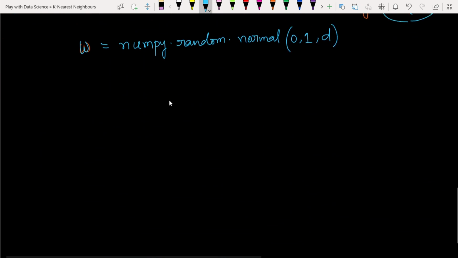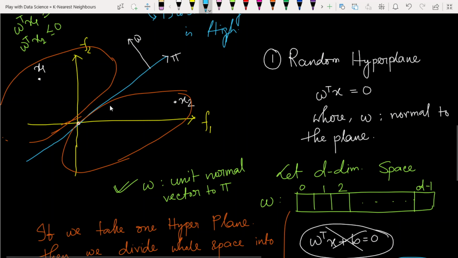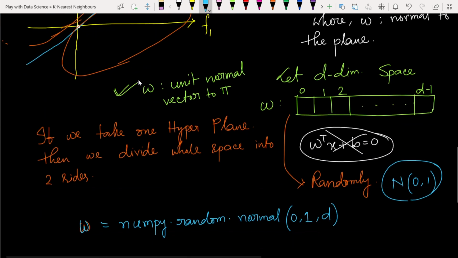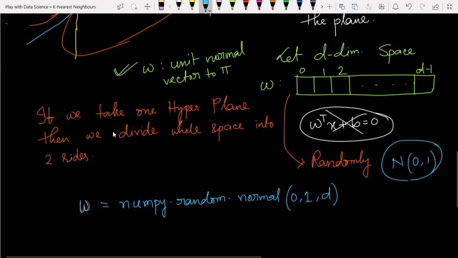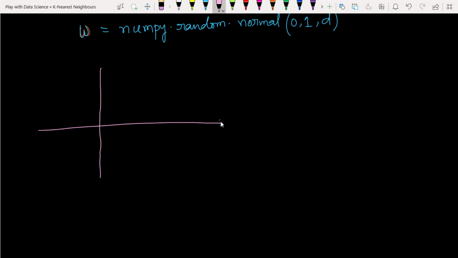Suppose the main concept is here: if we take just one hyperplane, then we divide our whole space into two sides. Let's see this pictorially.